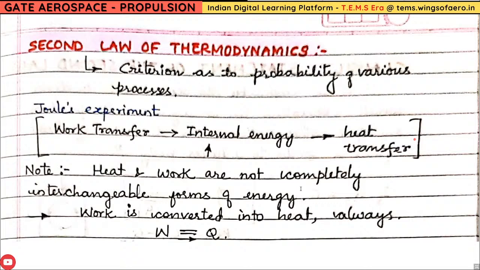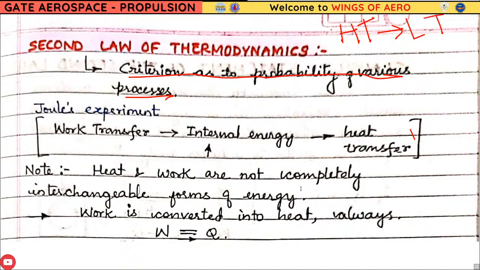The second law of thermodynamics mostly explains the criterion, the possibility of various processes of heat transfer: whether heat will transfer from high temperature to low temperature or from low temperature to high temperature. There are a lot of possibilities and criteria it explains. So let's look into them one by one.